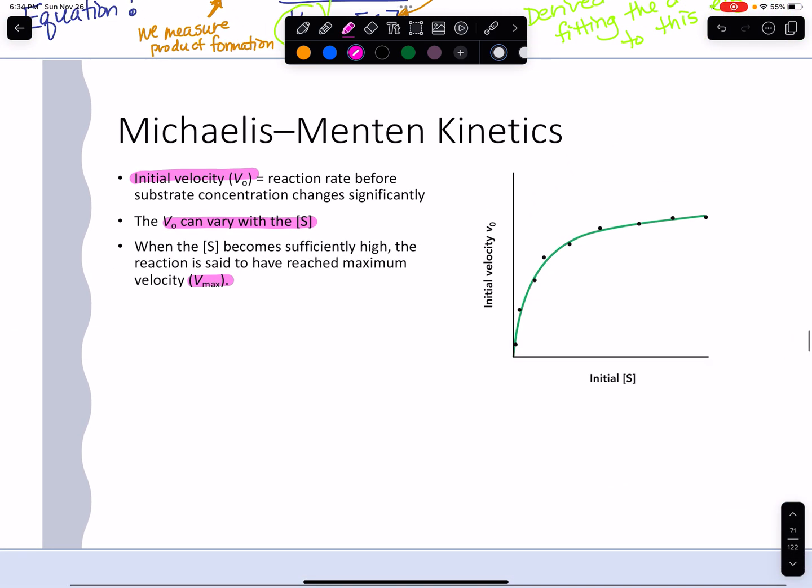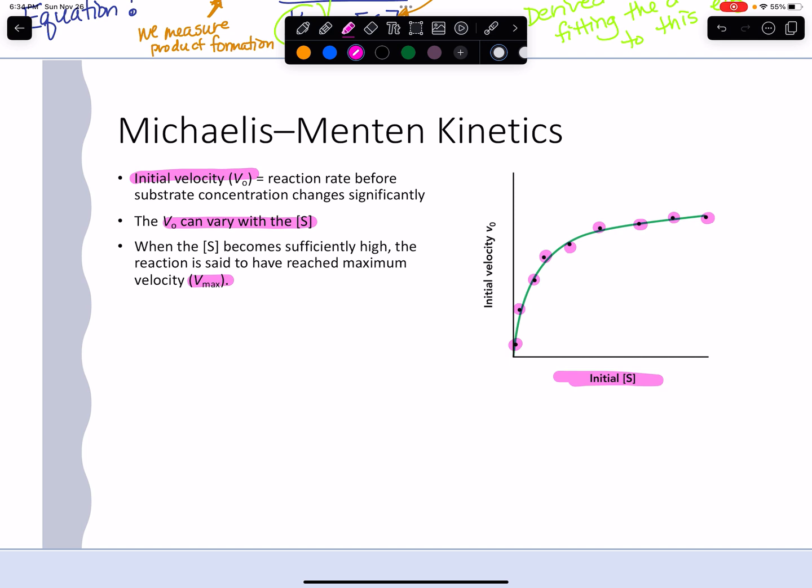So what we do in the lab is we are going to be manipulating, I said one of the things we can control in the lab is the substrate concentration that we put into our experiment. And so what we're going to be doing is measuring the initial velocity over and over and over again at different substrate concentrations. So each one of these data points is a different experiment. This is not one experiment where we look at product formation over time.